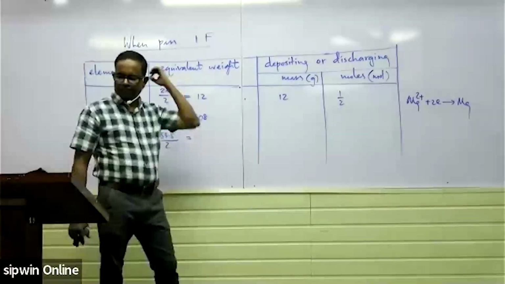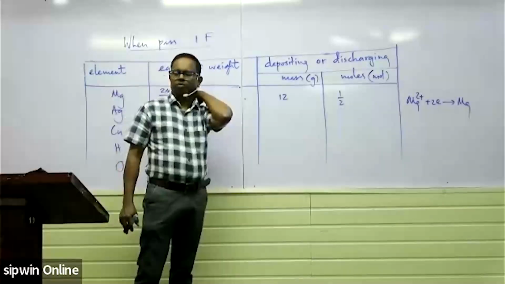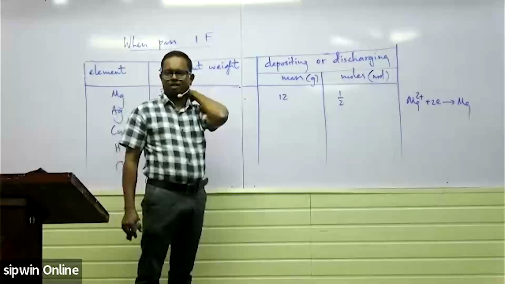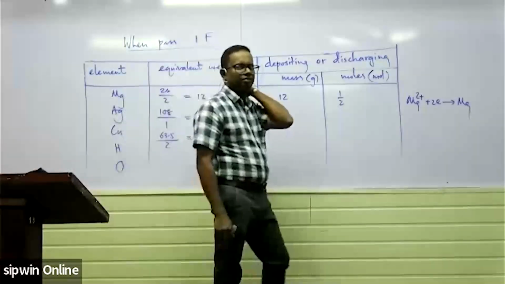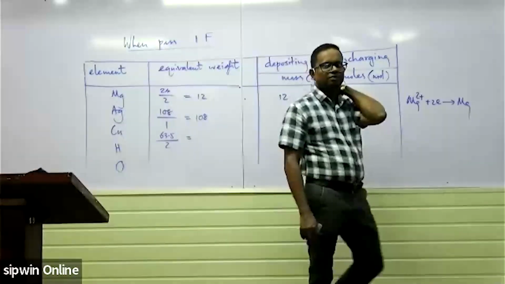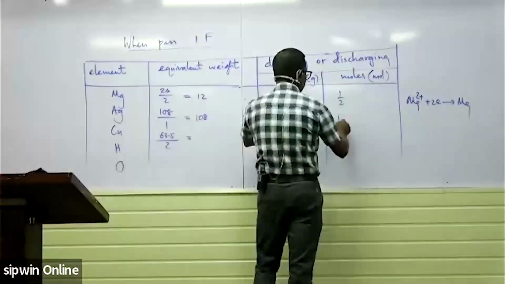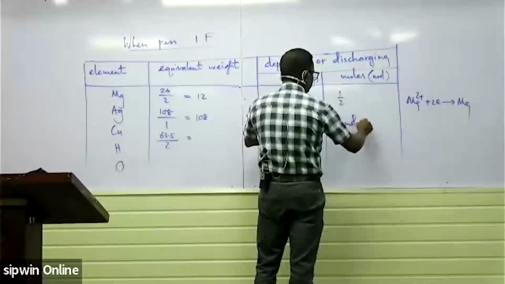If I pass 1 Faraday, I can have 1 gram, half mole of H2, since H2 will be released. Write half mole of H2.